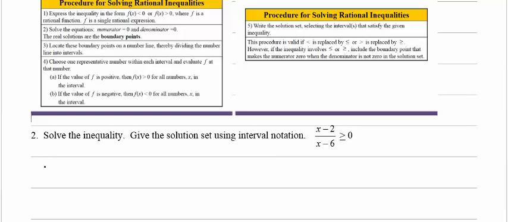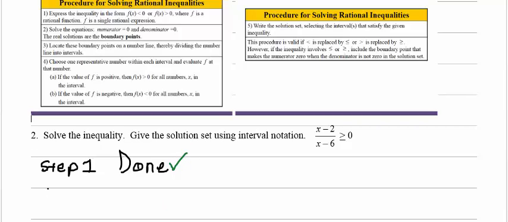Notice that we get to skip step 1 because the inequality is already in the standard form, where 0 is on one side of the inequality and a single rational expression is on the left side.